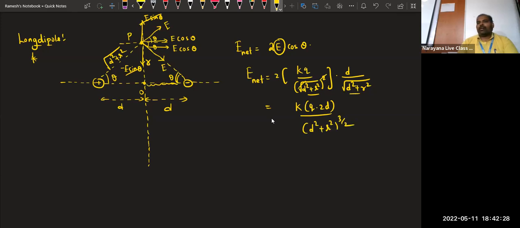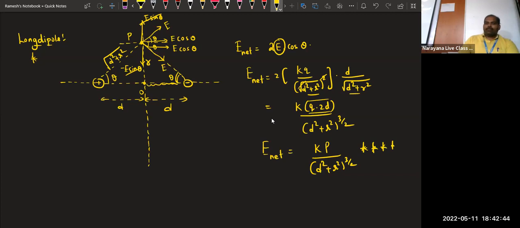What is the product of charge into length? Dipole moment. So it is K into P divided by (d square plus r square) to the power 3 by 2. This is called the equatorial electric field, the electric field at any point on the perpendicular bisector.